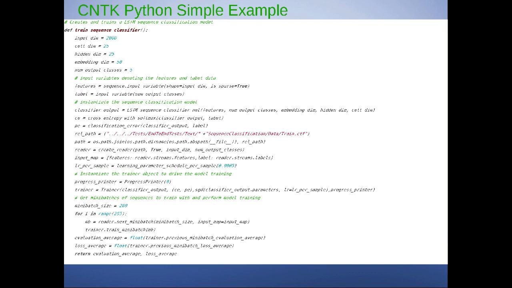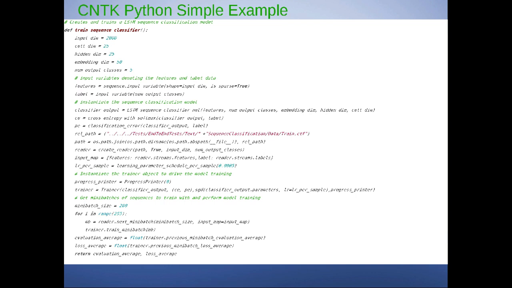Now coming to the next part of the CNTK Python simple example. Here in this code snippet, the train sequence classifier function employs all the process of training and evaluation of the model, that includes: 1. Creating the model. 2. Define the training method with specified classifier to compute the probability error, cross entropy. 3.